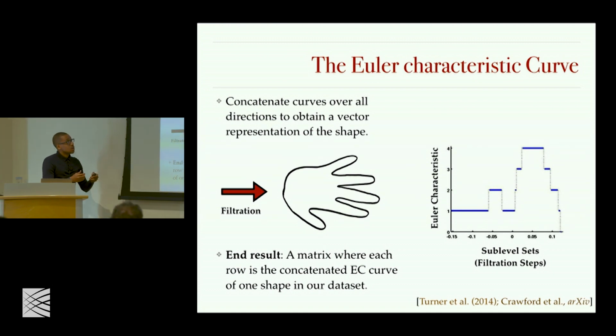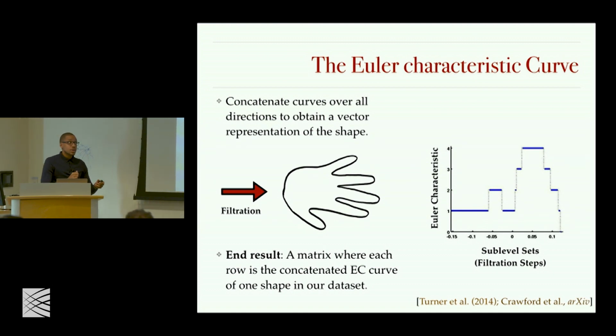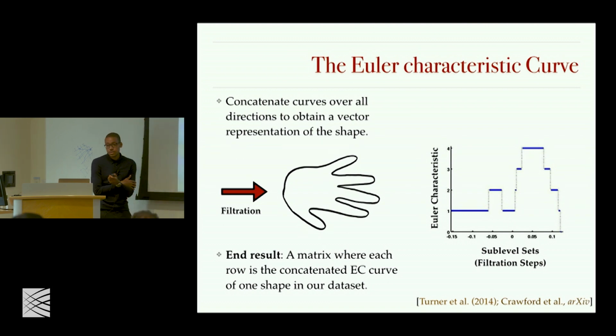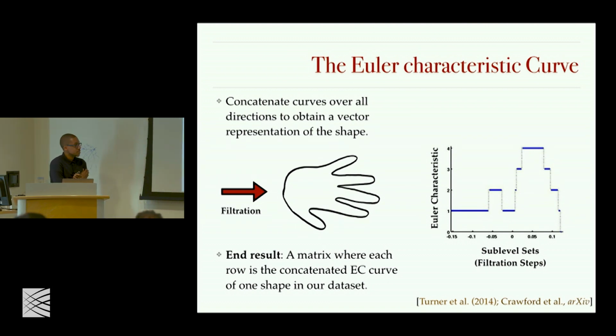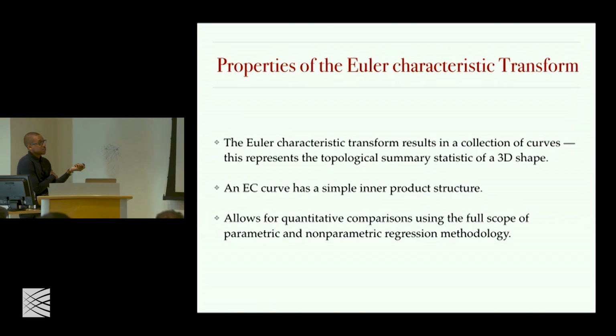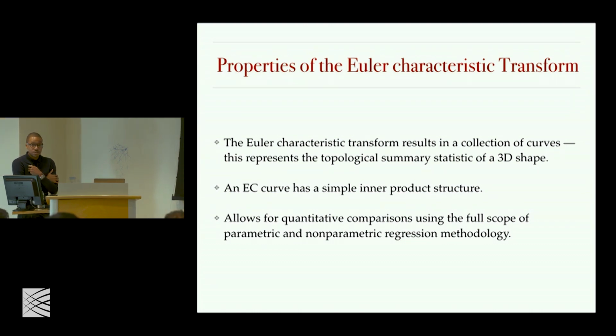So there's a give and take here between what is theoretically advantageous and what is more advantageous from an implementation perspective. And just like I was saying before, the Euler characteristic transform gives us this collection of curves, okay? An EC curve has a nice simple inner product structure that we can take advantage of.